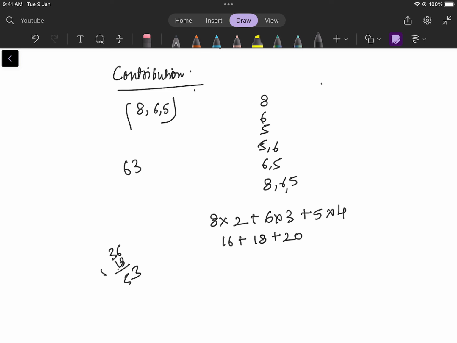Okay, sorry, this will be 8, 6. 5, 6 we have already counted here, so this will be 8, 6. Here 8 is coming 3 times, so it will be 24. Now I will see it will come to 63 only. Whatever the answer is, it will come to that only. You can see your calculation.